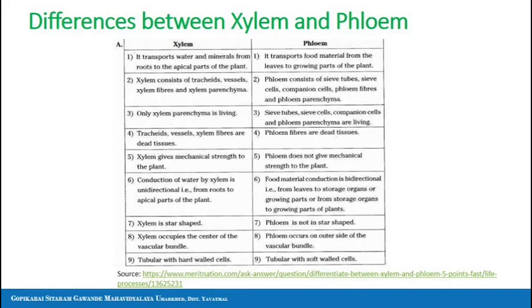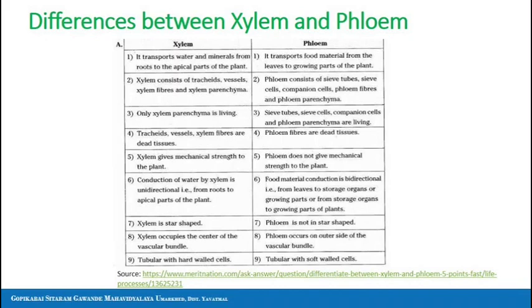So we know that xylem is involved in transportation of water and minerals from root to apical parts, while the phloem transports food material from leaves to the growing part of the plant. Then the next difference is xylem consists of tracheids, vessels, xylem fibers and xylem parenchyma, while phloem consists of sieve tubes, sieve cells, companion cells, phloem fibers and phloem parenchyma.